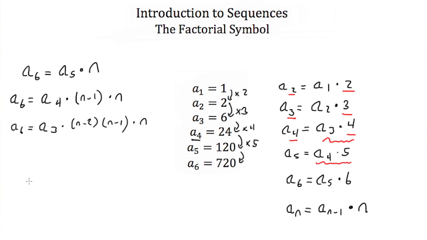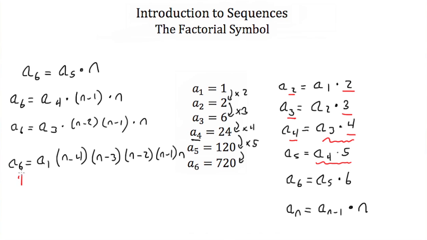Now if I took this all the way down to the first term, I could say that my sixth term is equal to my first term times 2, which would be n minus 4. 6 minus 4 would get us 2. And then times n minus 3, n minus 2, n minus 1, and n.